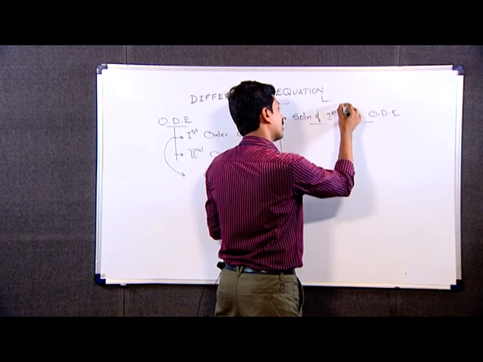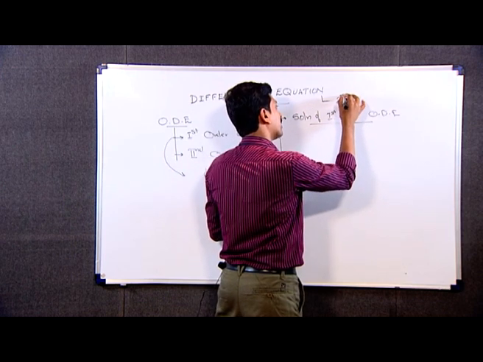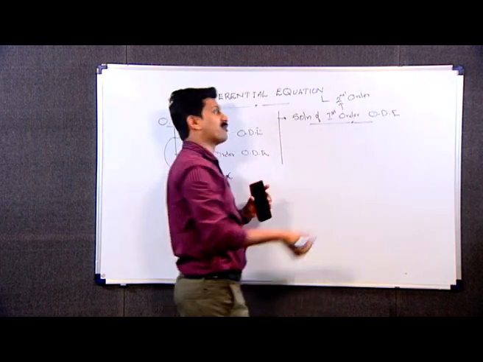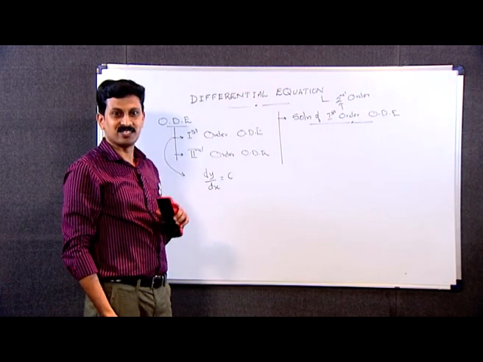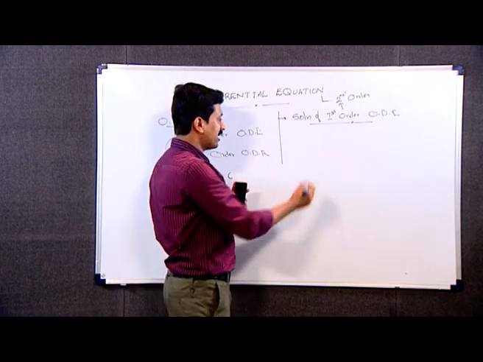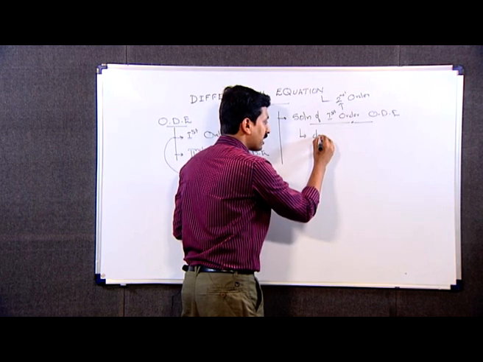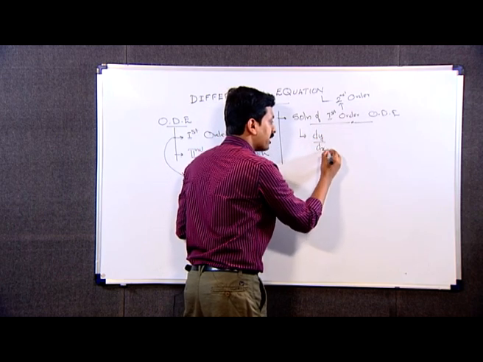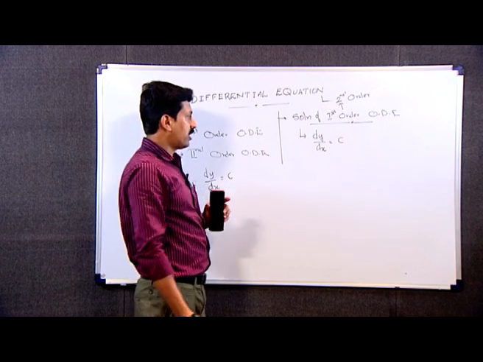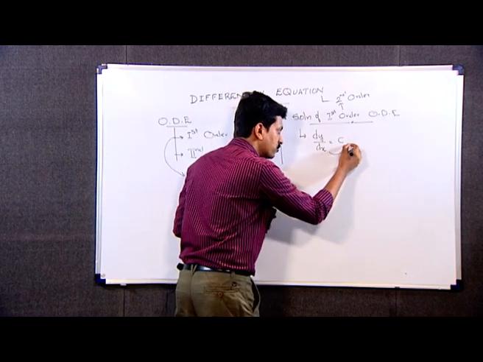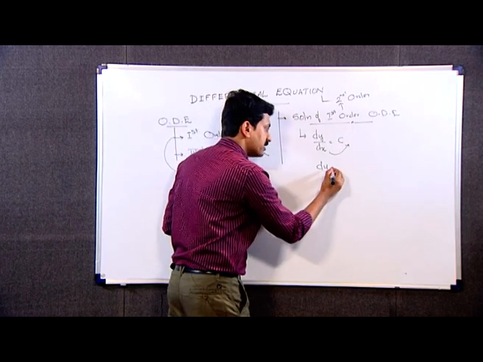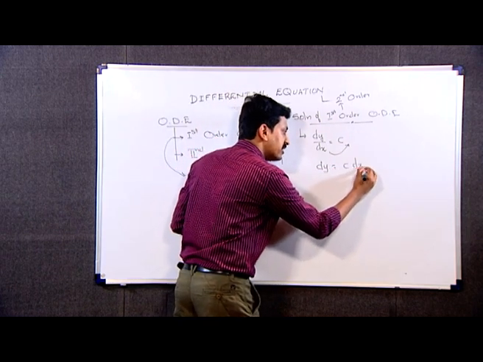Not only first order, you can have second order as well as nth order, the general ODE. See, I would like to write dy by dx equal to c. Taking dx to the other side, what will happen? dy is equal to c dx.